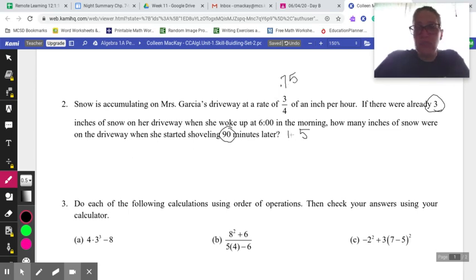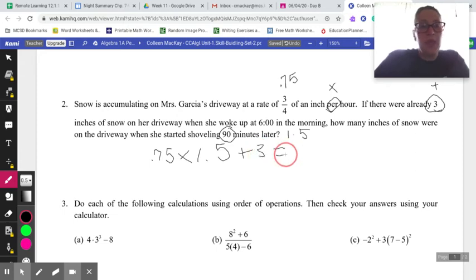So if it's snowing at a rate of 0.75 per hour, I know that that's multiplication. And if there are already 3 inches, we're going to add the 3. Okay, so 0.75 times 1.5 plus the 3 inches that were already there.